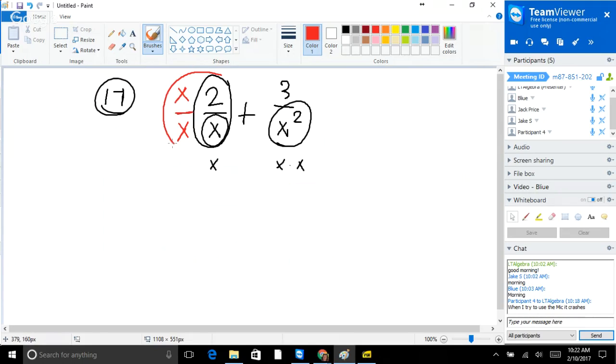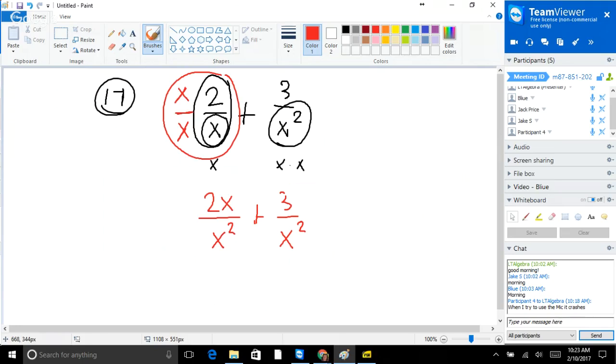But when I multiply by x over x, this becomes 2x divided by x squared plus 3 divided by x squared. So now I have x squared the same in the denominator. So now can I solve this?